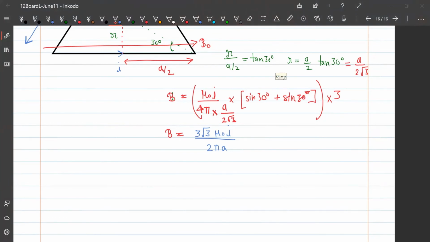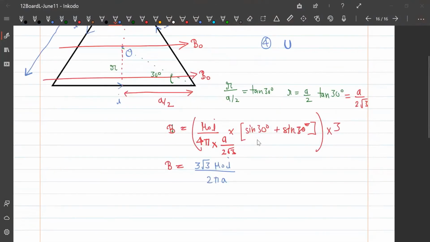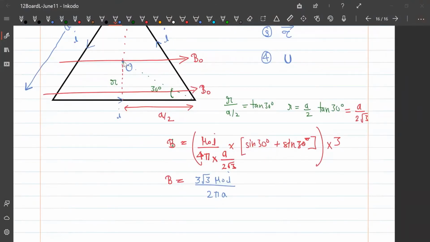No, sir, I got 3 by 4. Okay, so I think this method is right. So correct this. The main task here was finding the distance between O and the wire. So this was the first part, that is the magnetic field.